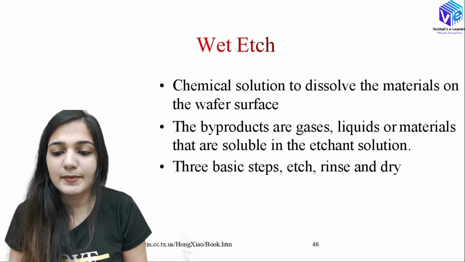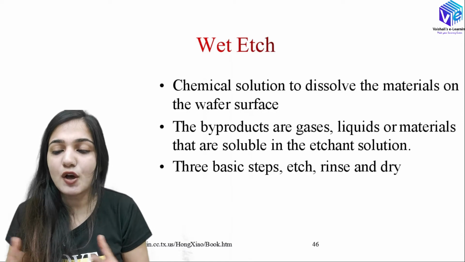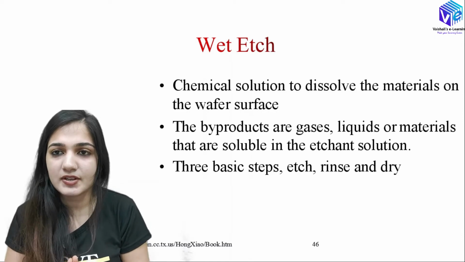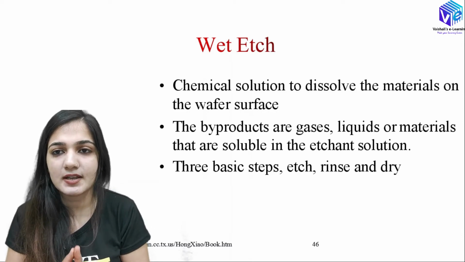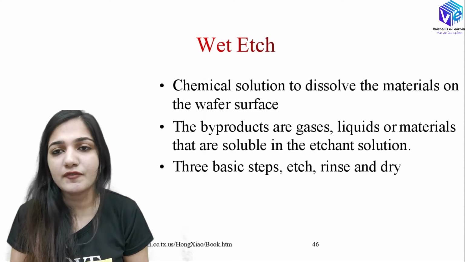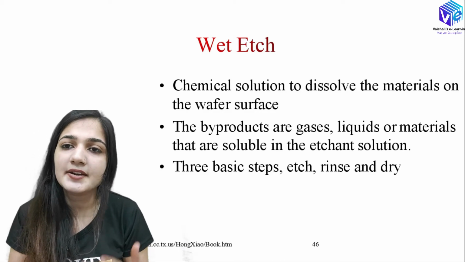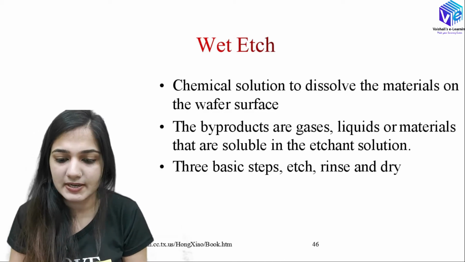Okay. So now coming to the definition of the wet etching. Here we are using the chemical solution to dissolve out the material on the wafer surface. So this process is very simple. We are using the chemical properties of the material. Okay, the chemicals react with some material and it is not reactive with some other materials.